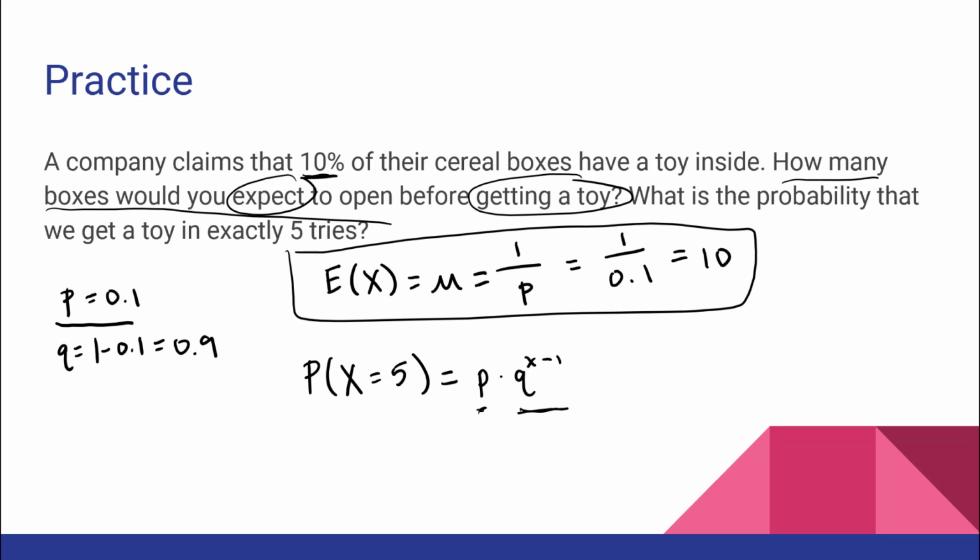Doing the math, we end up getting 0.1 times q, so 0.9, to the power of little x, which is 5, minus 1, which is 4. Putting that into a calculator, we get 0.06561. So there is a 6.561% chance that we get our first success, our first toy, on our 5th box.